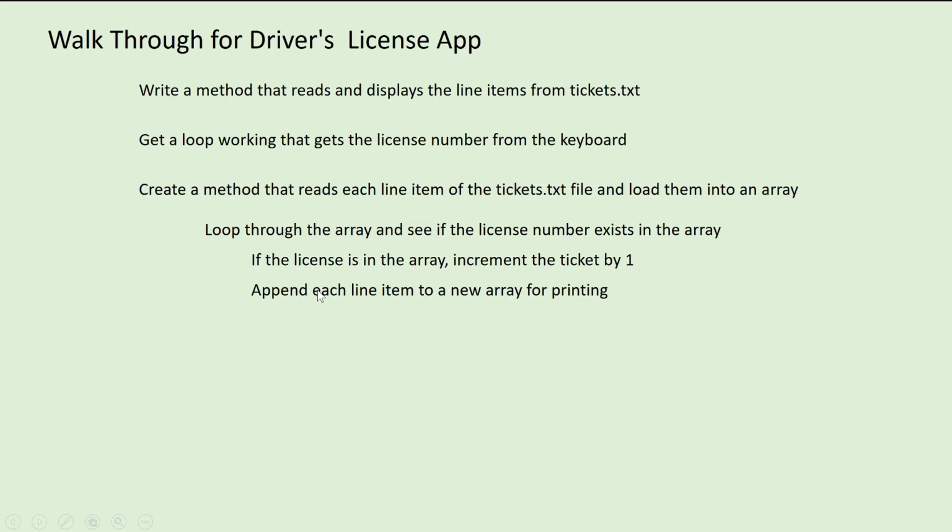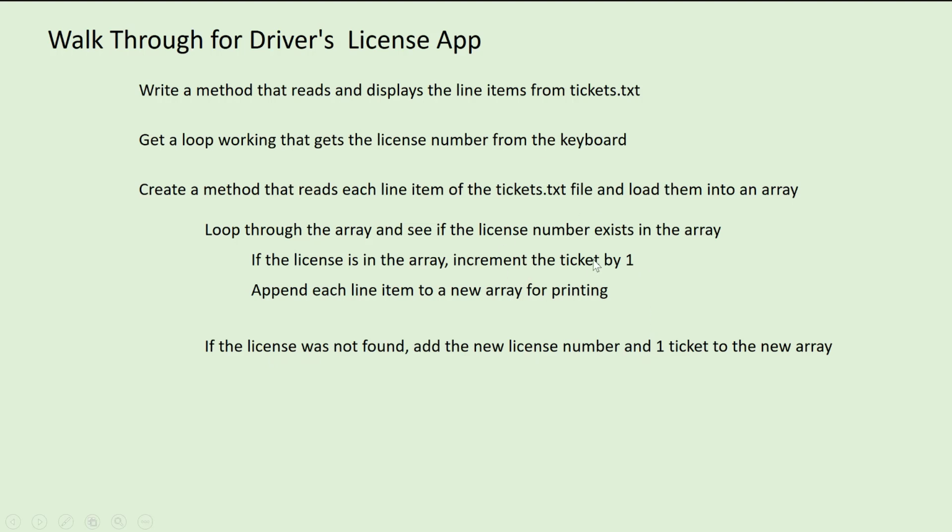In other words, I'm looping through the array and writing all of those records to a new array, either the same as it was or incremented by 1 if I found an existing license number. If I didn't find an existing license number, after I was done looping through all of those array items, since the license number was not found, I need to make sure I append that to the new array.